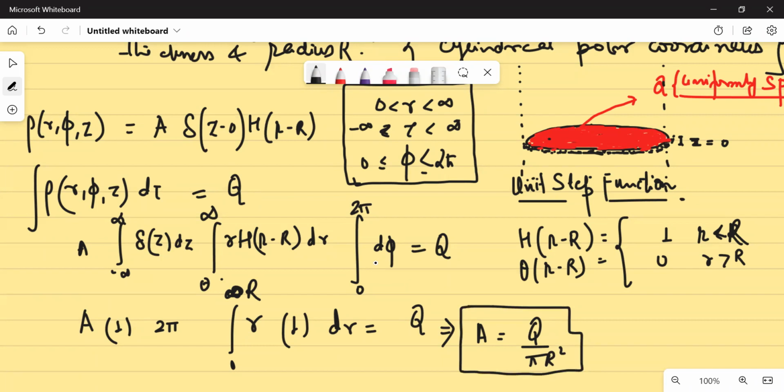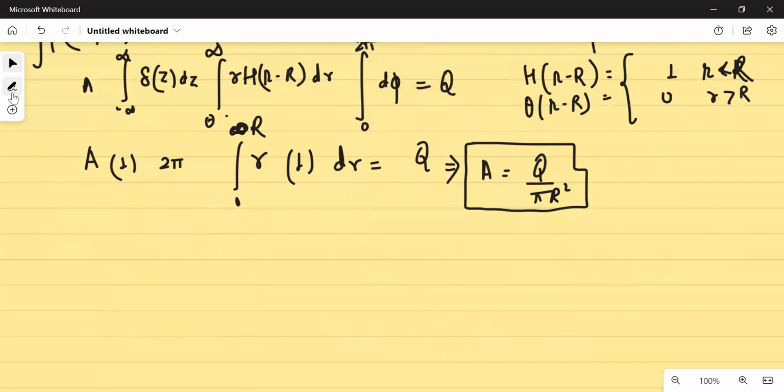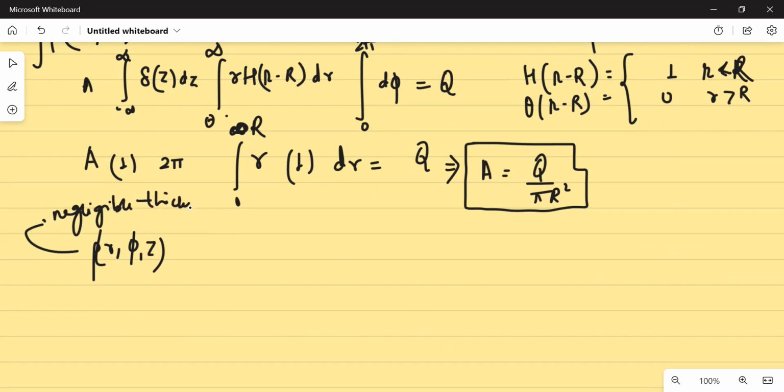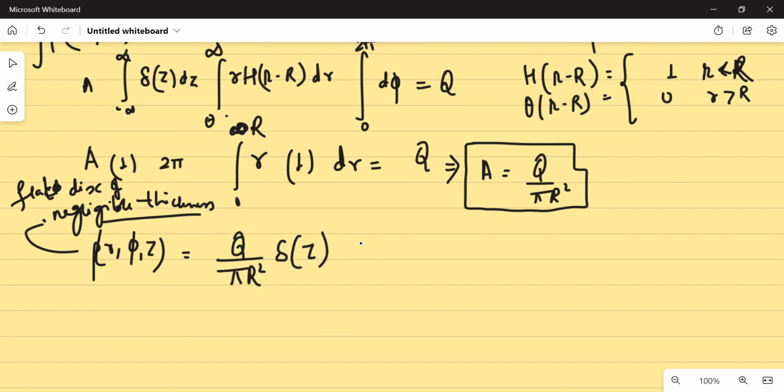Is that clear? So if I want to write the volume charge density for a negligibly small, flat disk of negligible thickness, then the volume charge density will be given by Q upon pi R square, Dirac delta of z, and you can write some theta function.